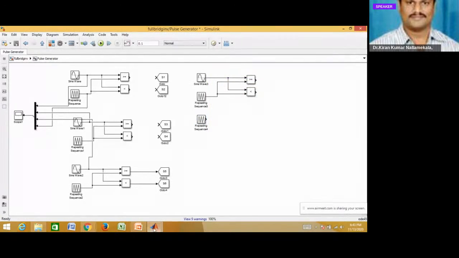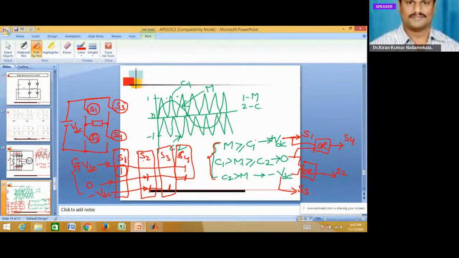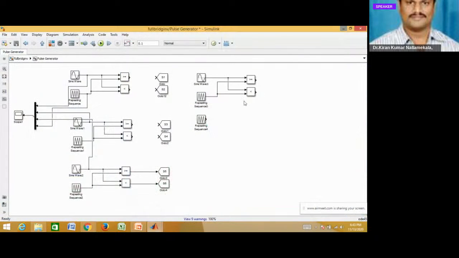Now, what is the logic that we are discussing here? If the modulating signal is greater than C1, then it is VDC. This is C1, and this is C2.